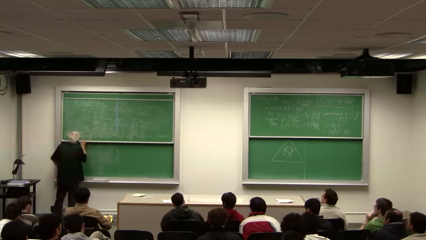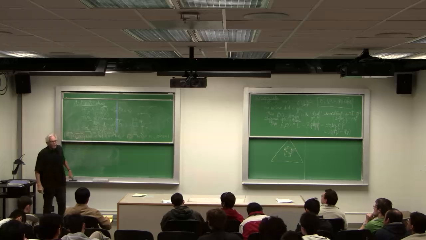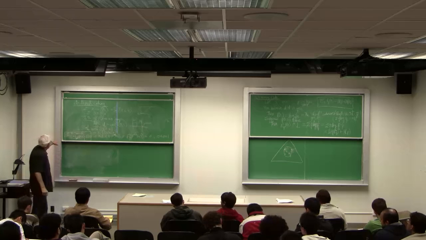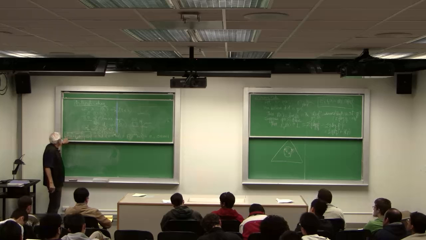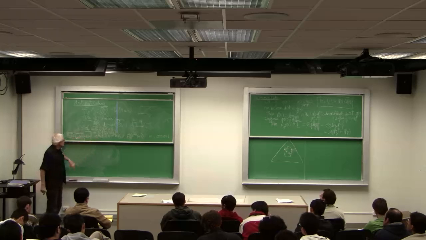So that's just the same math. So this is how you use a random number generator to generate a random variable X having this distribution.